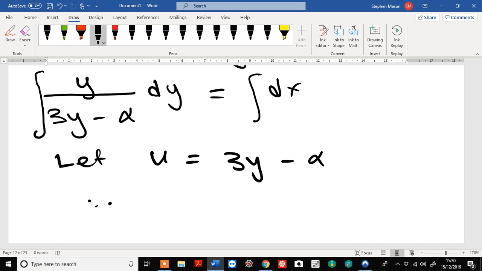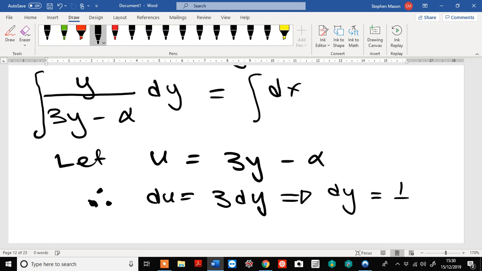Therefore du equals 3dy, meaning that dy equals 1/3 of du.